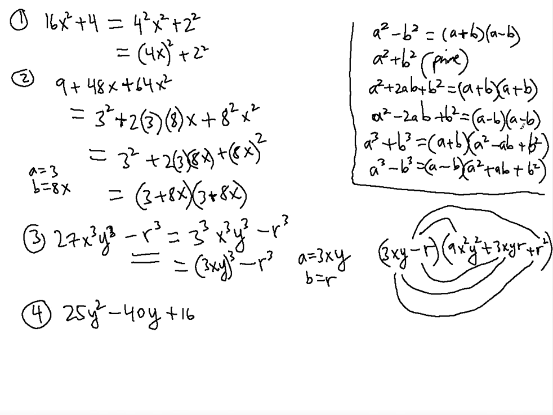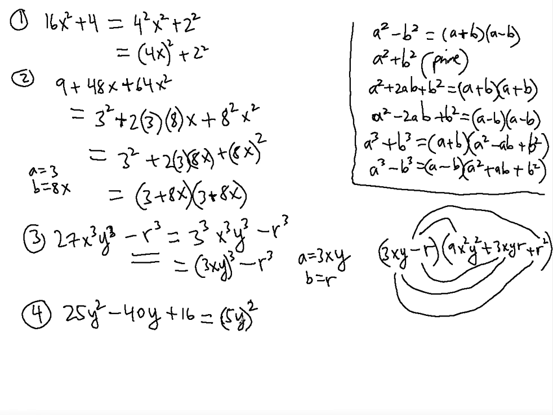And it is the square of the difference of a and b, okay? But let's find out what the a's and b's are. So let's rewrite them. 5y raised to the power of 2 will give you 25y squared.